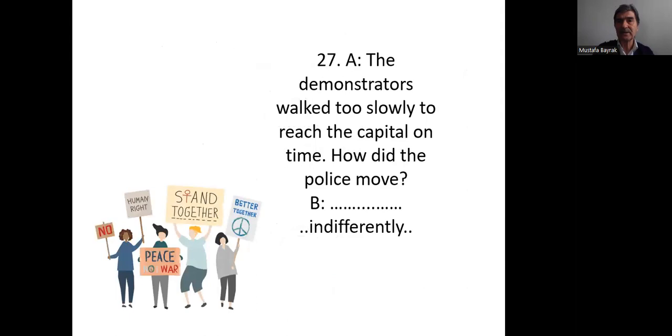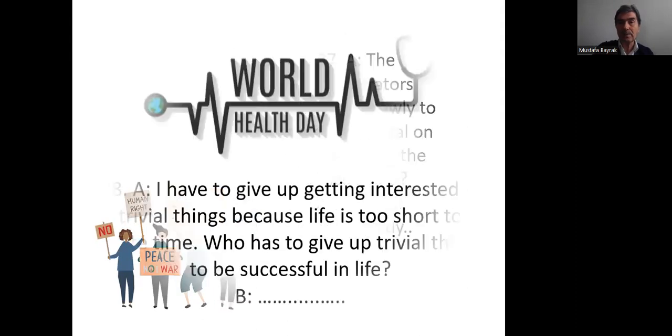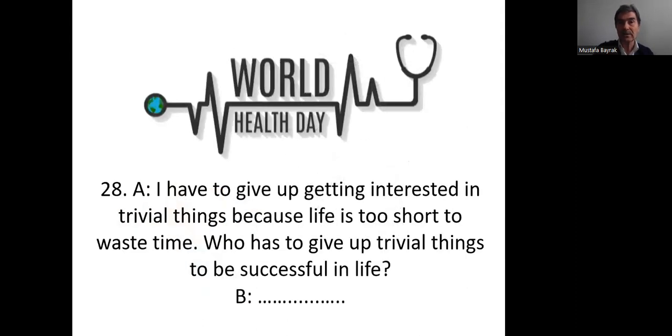27. The demonstrators walked too slowly to reach the capital on time. How did the police move? The police moved too indifferently to stop them. 28A.